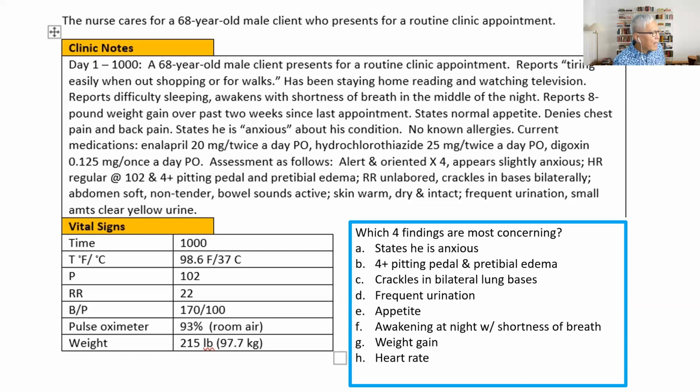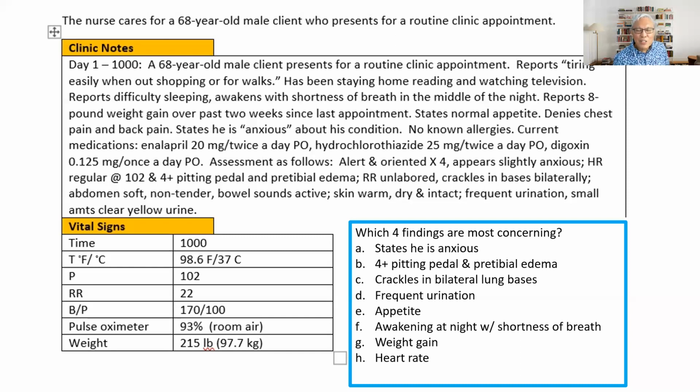in the bases bilaterally, abdomen soft, non-tender, bowel sounds active, skin warm, dry and intact, frequent urination, small amounts, clear yellow urine. Do you understand why he's having frequent urination? Do you remember that?